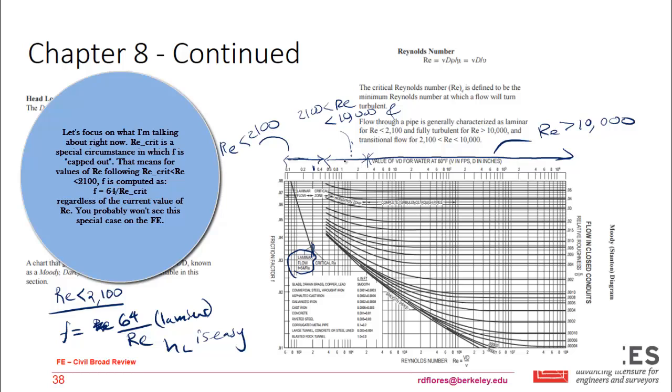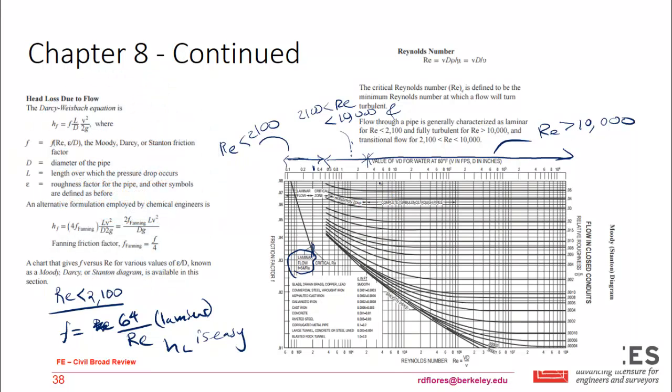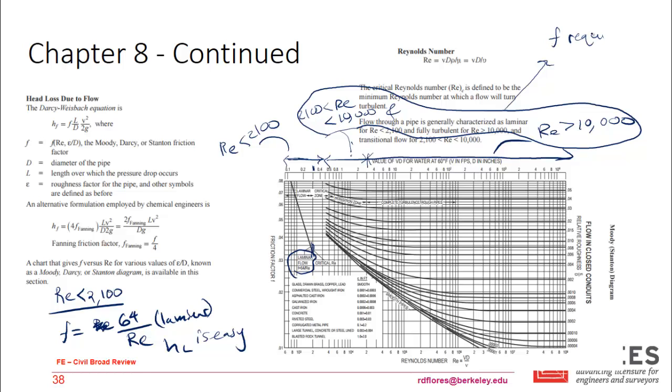But in general, for both RE between 2,100 and 10,000 and RE greater than 10,000, you would have to find the F factor through these charts, and it's not just a simple formula. So you could say that in these cases, F requires direct chart reference.